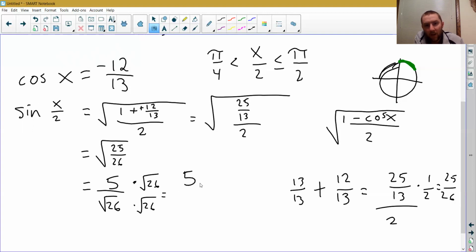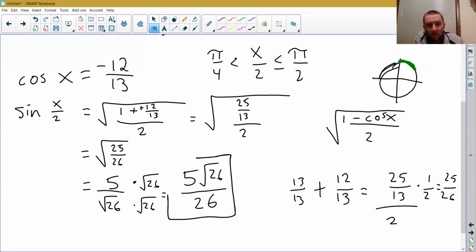So I end up at 5 radical 26 over 26. And that is as simple as I can make it. So this is the sine of x over 2. It came from finding the cosine value from my triangle and then plugging that cosine of x value into the sine half angle formula.